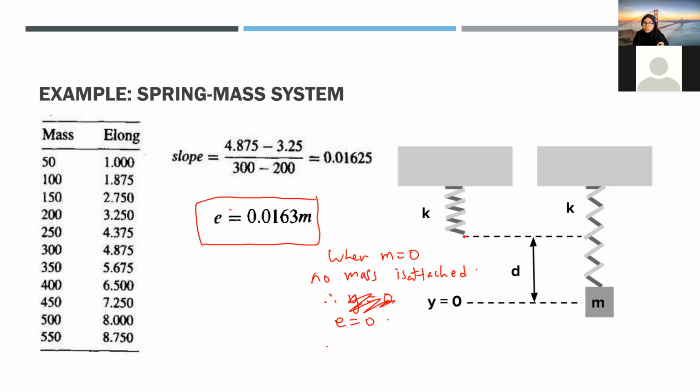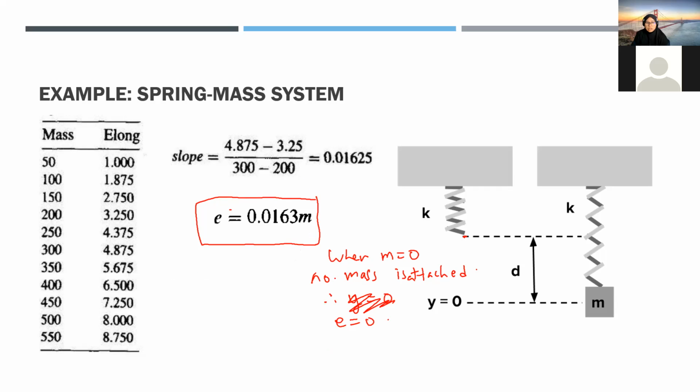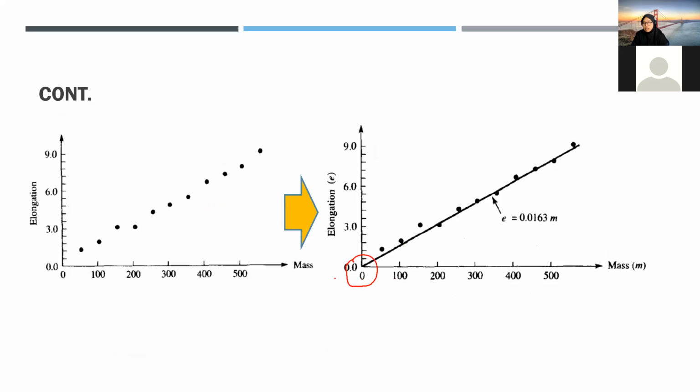So that is our initial value. So we need to start our line from 0, 0. You also need to consider this value, even though it is not stated in the data right here. Because this is a proportionality, you need to take into account that point, 0, 0.